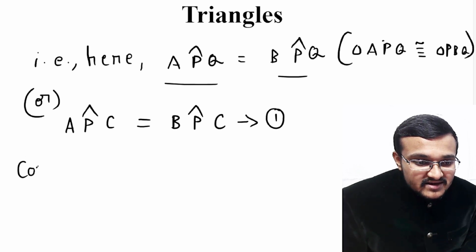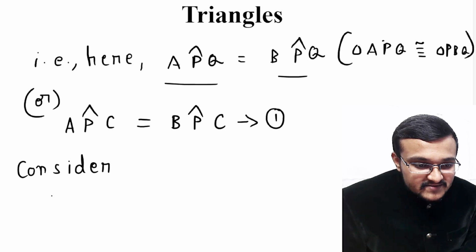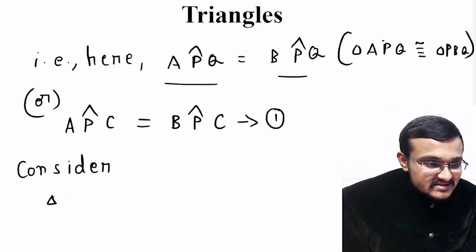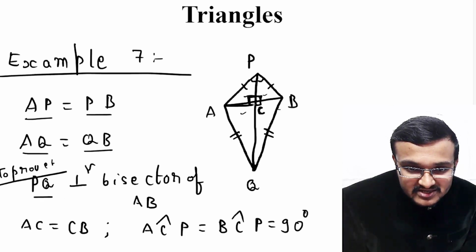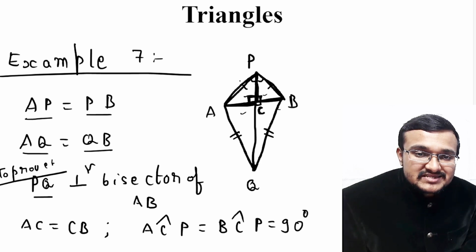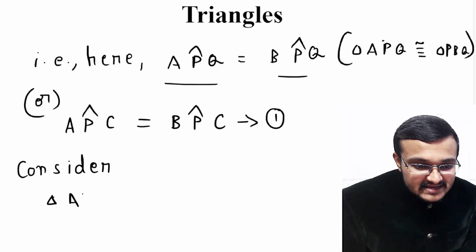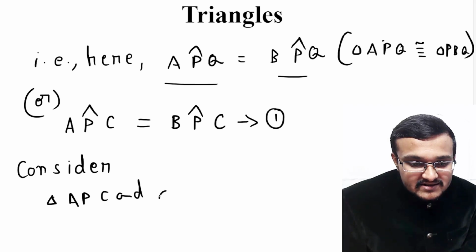Now let us consider triangle. We will consider this particular triangle and this particular triangle, that is APC and PBC. So consider triangle APC and triangle PBC.